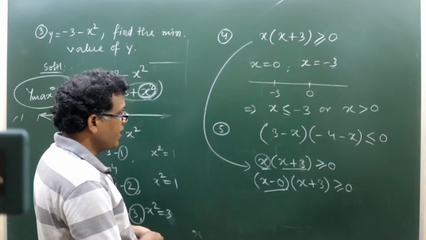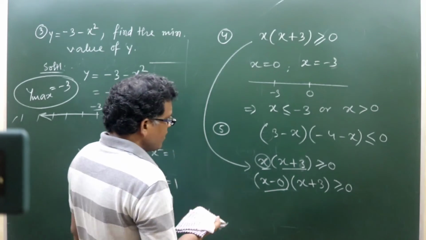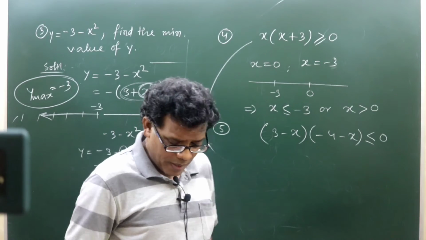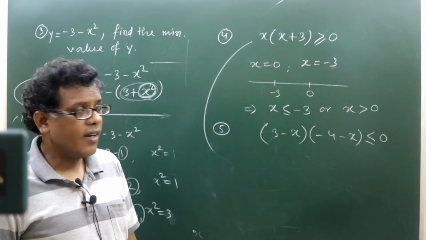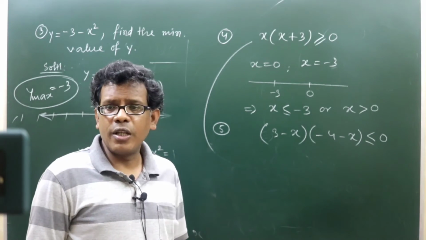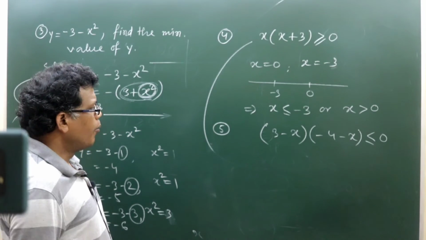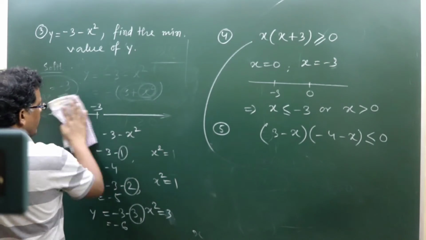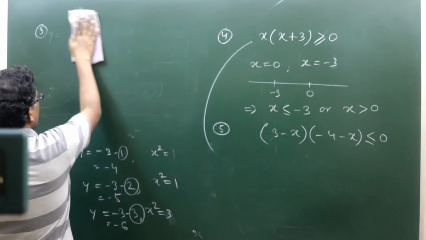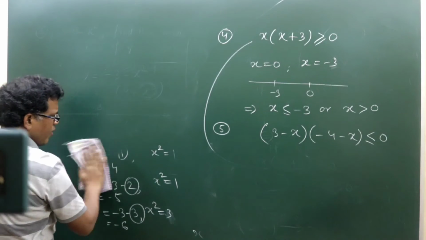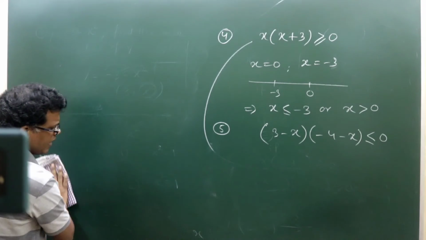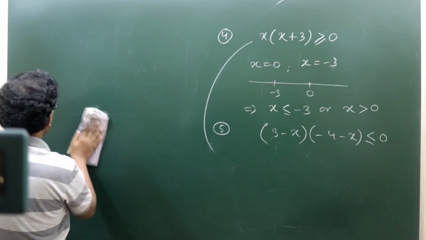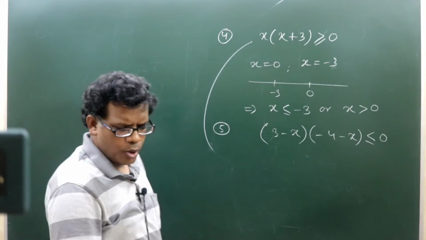Fine. So now next do this one, that is 3 minus x into minus 4 minus x. Our learning is totally based on when both the linear factors are made x positive, where we keep x positive in both the linear factors such that the corresponding quadratic rearrangement shows that the x square term should be positive.